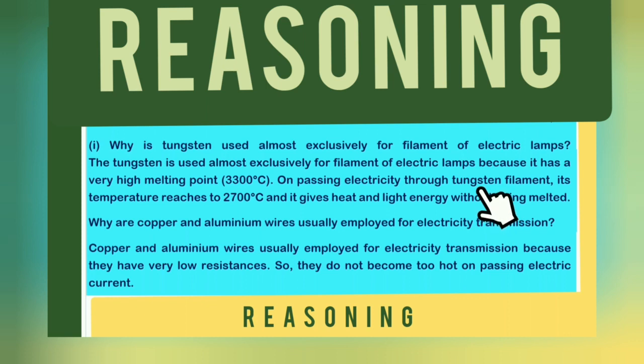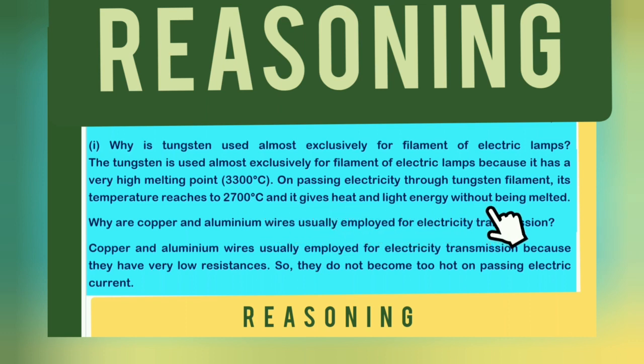When electric current is passing through the tungsten, the heat produced becomes high and the melting point of tungsten is very high, 3300 degrees Celsius.